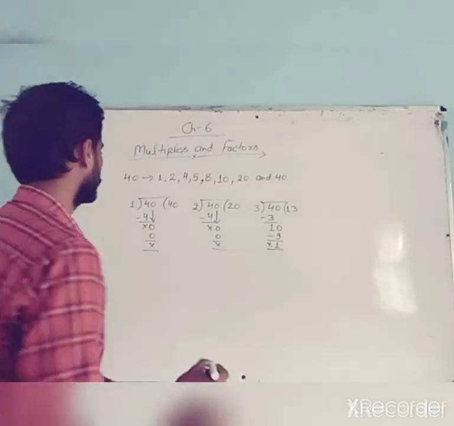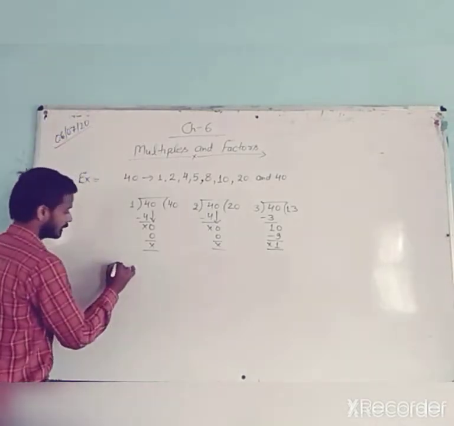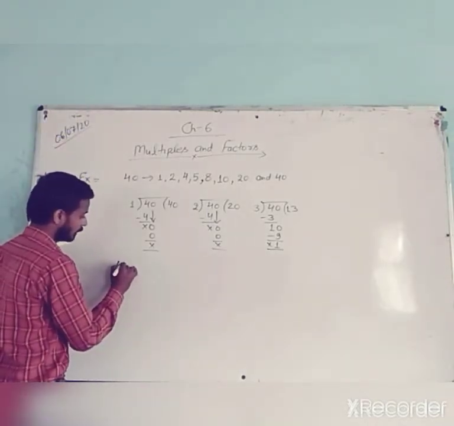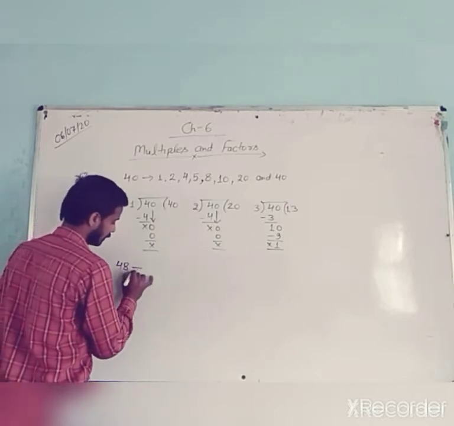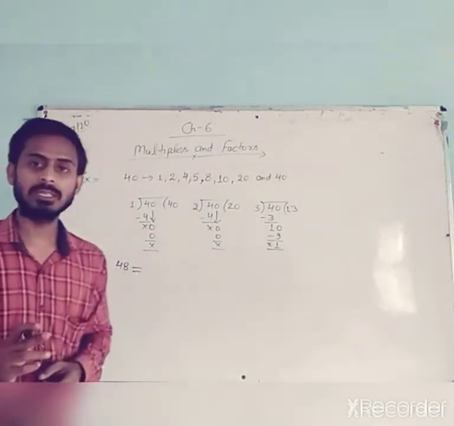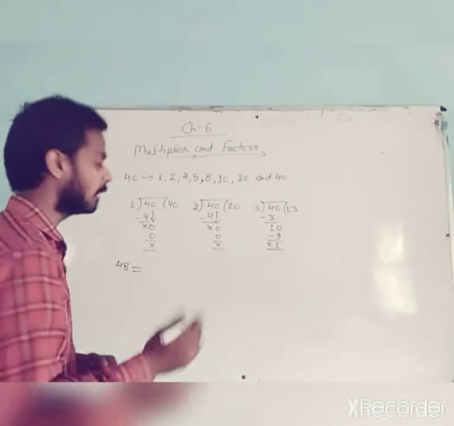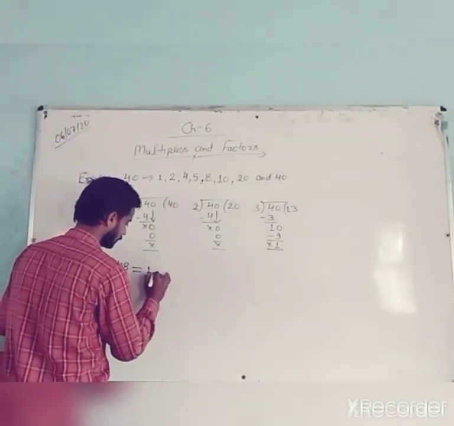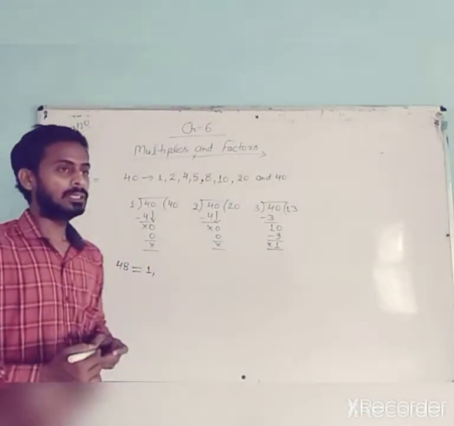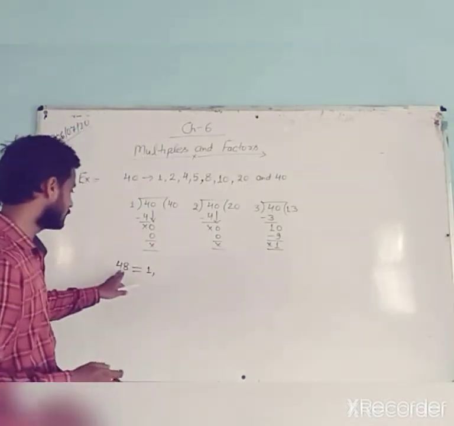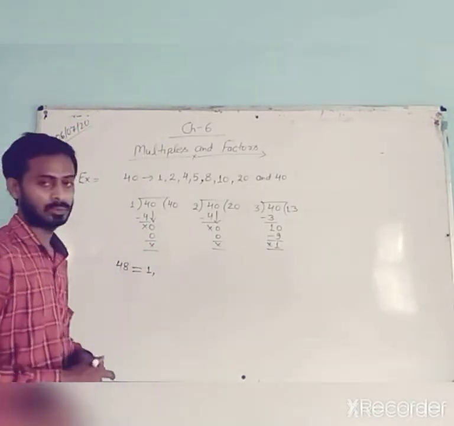Now next, suppose the next number is 48. So we start from 1. 1 is a factor of all numbers, that is why write here 1. Then 2. Divide 48 by 2.